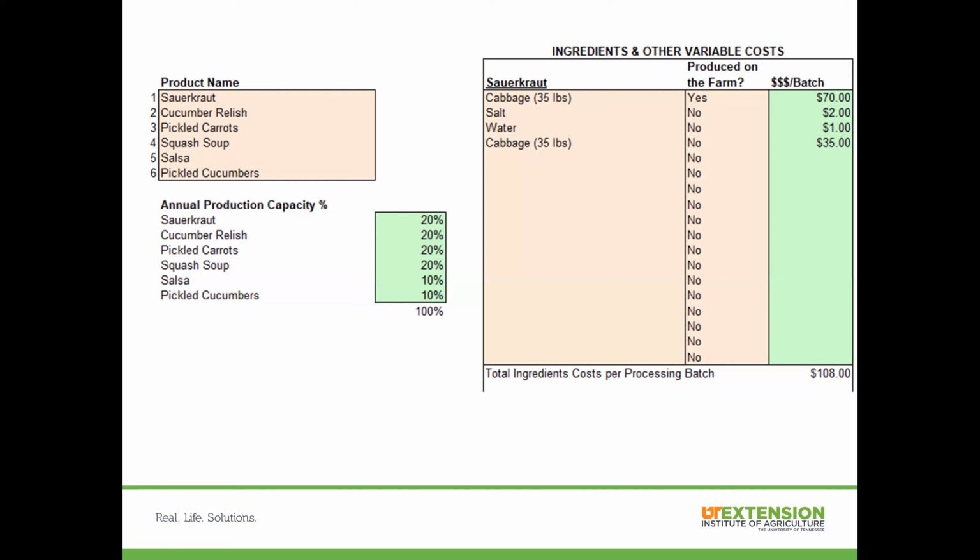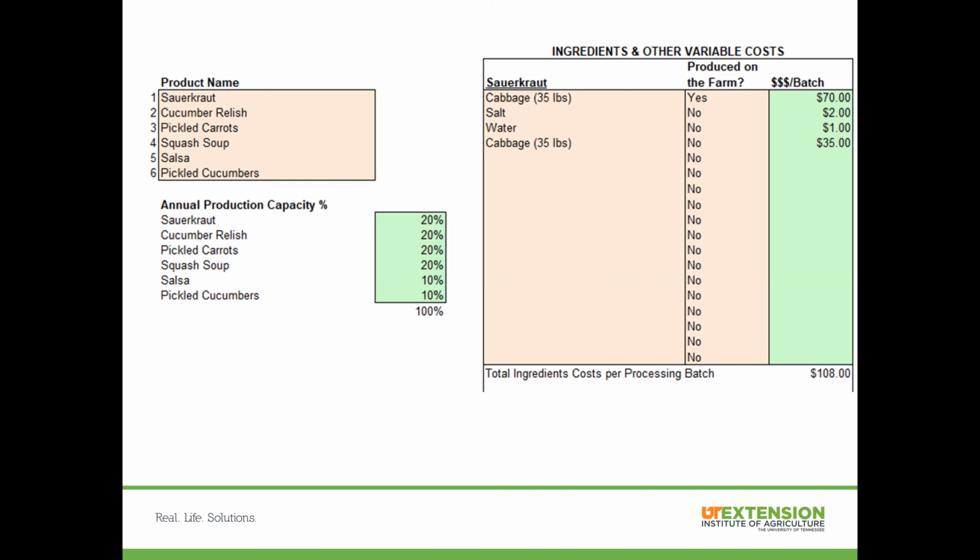And one of the things I'll mention, I don't want to get into the weeds too much, but it's one thing to build the commercial kitchen, but you're also going to have to attend some training and submit that recipe to make sure it's within the proper pH ranges, and you'll have to get approval of your commercial kitchen by the Tennessee Department of Agriculture.